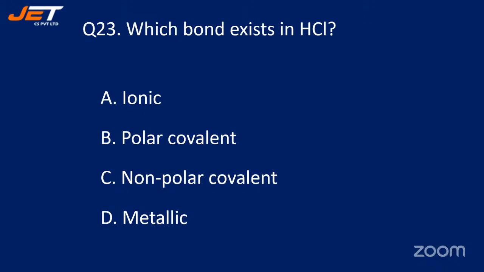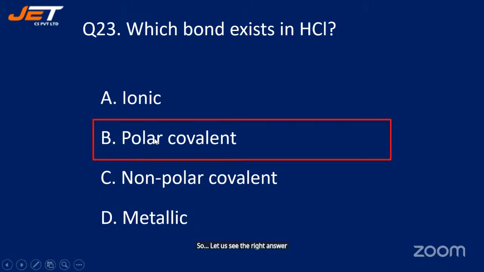Ashwita, ionic bond. Navtej, metallic bond. Varshini, option B. So let us see the right answer. It is polar covalent bond.